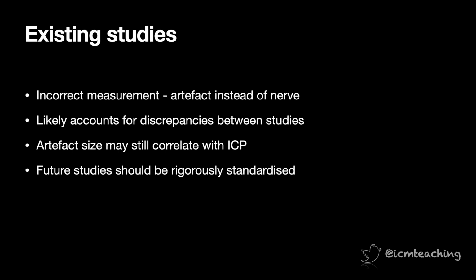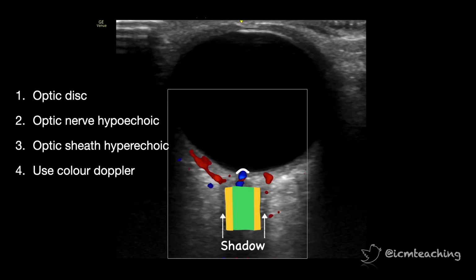It's really important that future studies are rigorously standardized if people are going to have faith in this technique. And standardization means making sure we obtain the images in the right way and understand what we are looking at. And that's by doing all the things I've already talked about.